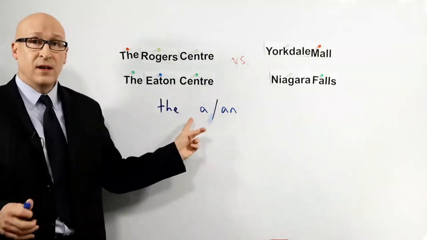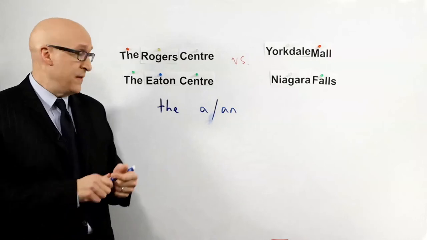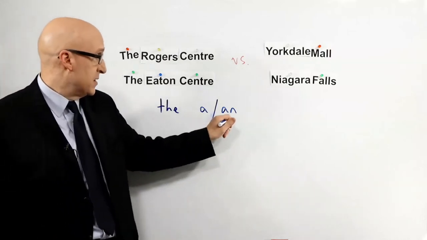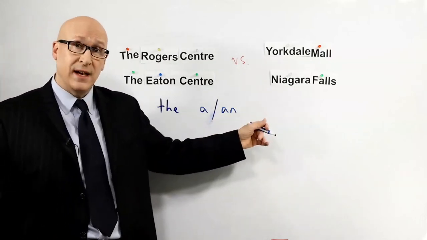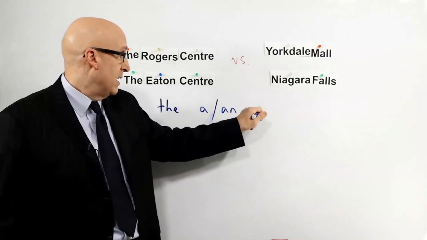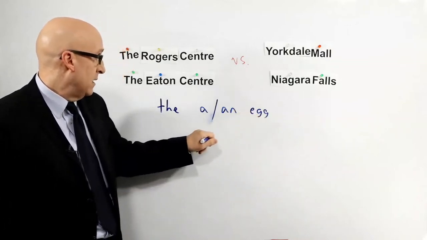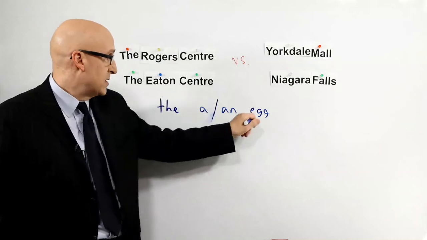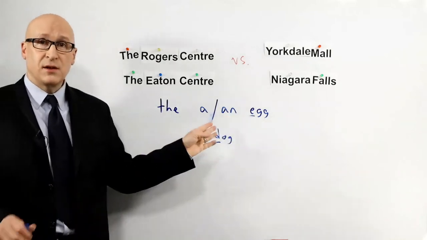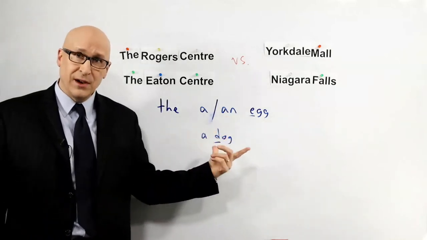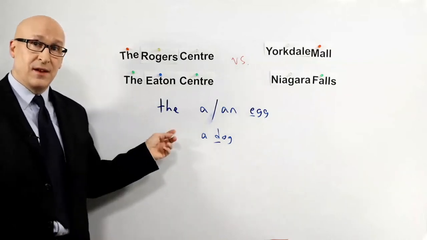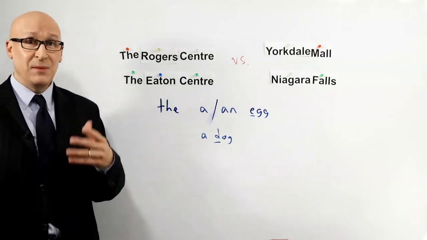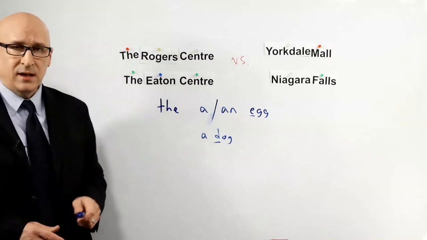You've heard that we use a or an depending on whether the noun starts with a vowel, like an egg, or a consonant, like a dog. These are called the indefinite articles. They're not specific. This is called the definite article because it represents something specific.